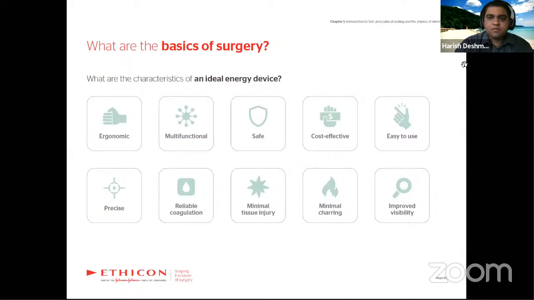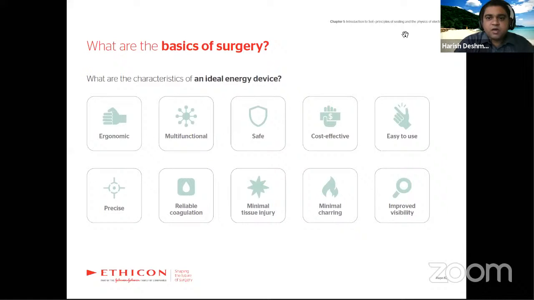So looking at the answers, what I understand is that the main concern is safety for the patient. Because you are looking at reliable coagulation as the primary aim, minimal tissue injury, and again reliable sealing. So all of these are so that you have a better result.